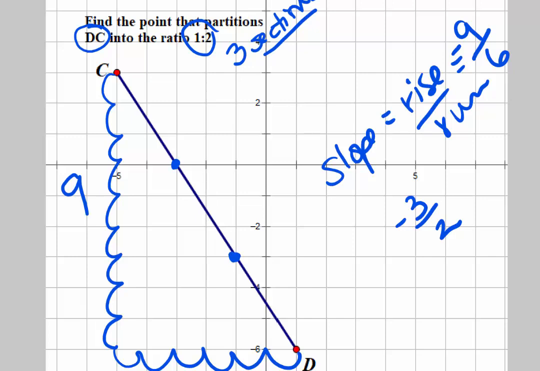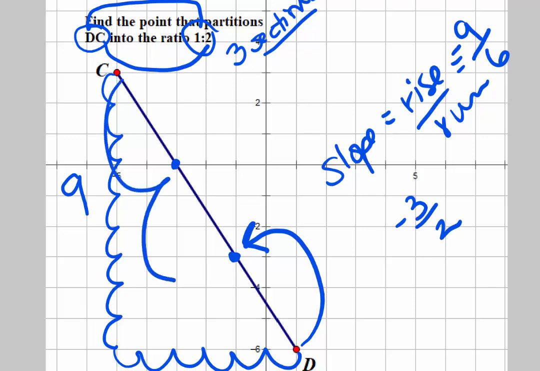Now we've got to find out what is 1 section from D and where's the point that is 2 sections from C. They should land at the same spot. And for this one, the answer is -1, -3. That's that special point that divides it evenly.